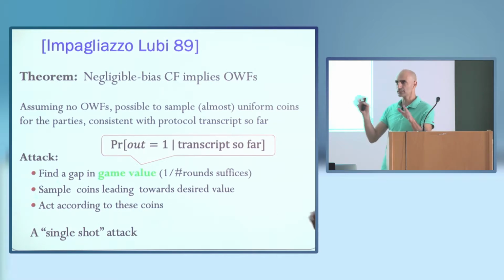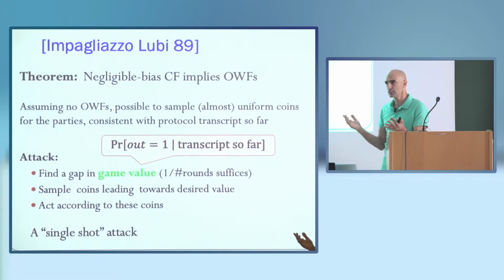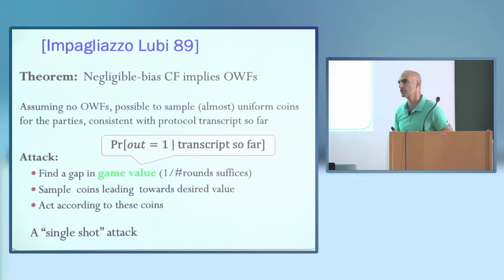Okay, you guess a round number, and at this round number, you look at the transcript, you sample random coins that are consistent with this transcript, not only for you, but for both parties. And furthermore, that these random coins lead to where you want to go, either to 0 or to 1. And from here on, you follow these random coins. Okay?